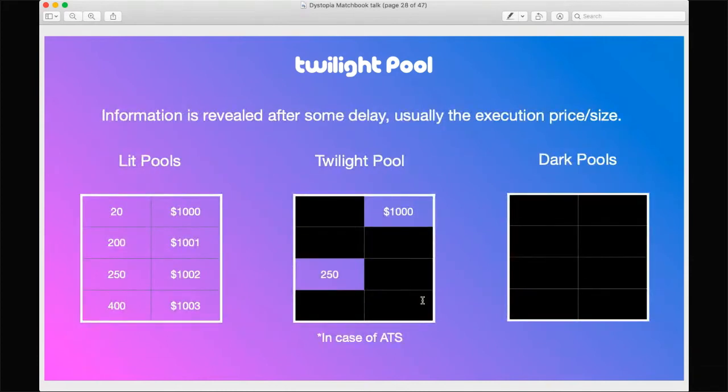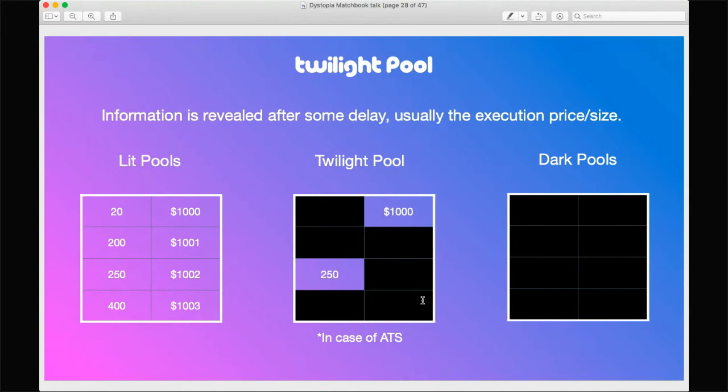Now, what is a Twilight Pool? Well, a Twilight Pool is something in between a lit pool and a dark pool. A lit pool is where everything is public: order sizes, prices, everything. And a dark pool is where nothing is public. I think one of the examples would be dark pools at Kraken and other exchanges. With a Twilight Pool, the idea is that you reveal the information not at the execution of the trade, but after some delay.